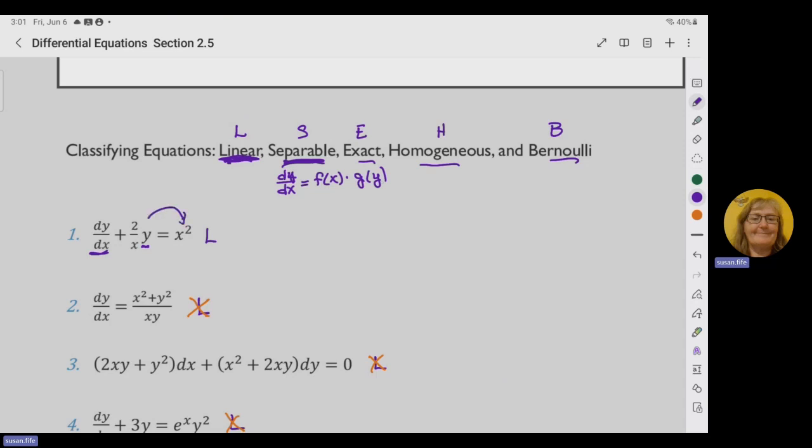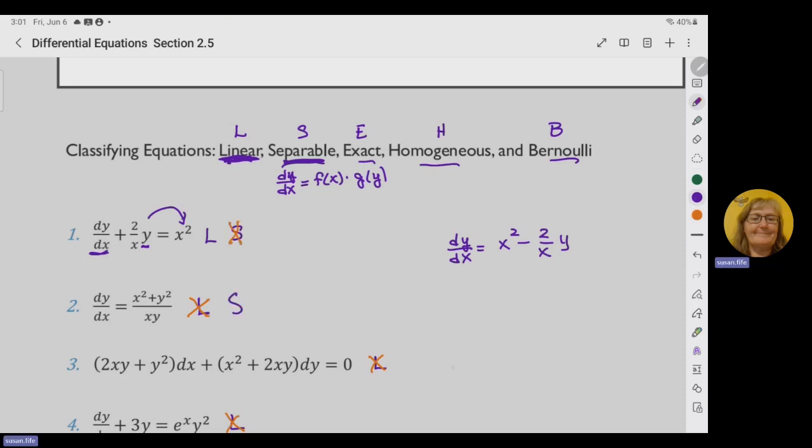So if you bring that 2 over xy to the right side, you'll get dy over dx equals x squared minus 2 over x times y. Notice that you cannot factor this so that you get a function of x times a function of y. So this is not separable.